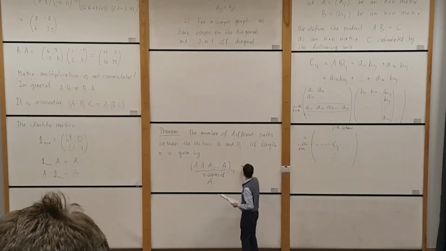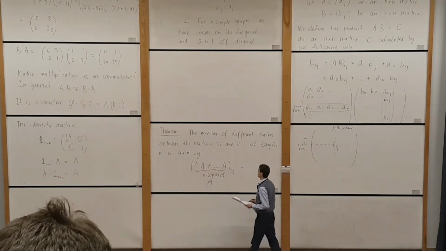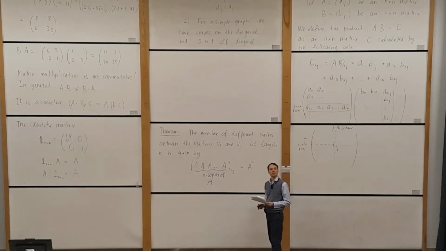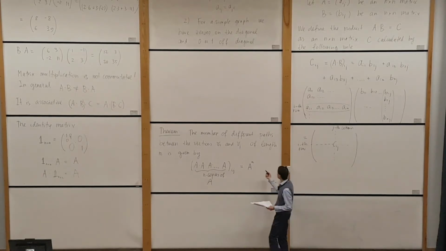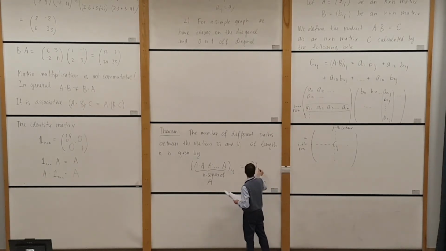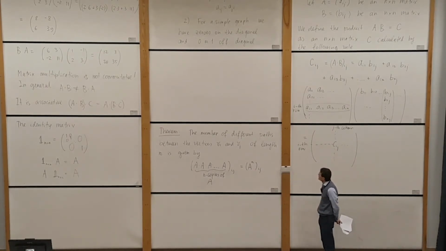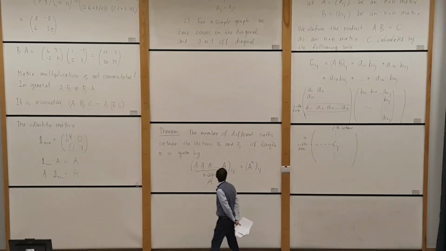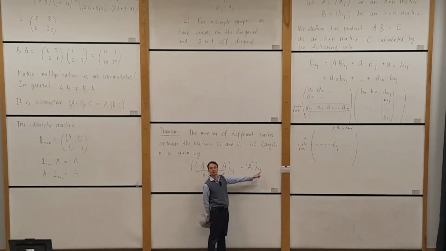So sometimes I will be writing this more succinctly. Instead of writing A times A times A with n copies, I'll write just A to the power n. With multiplication, you also can define powers, integer powers, right? And then if you read off the single entry in that product of matrices, it will give you precisely the number of different paths between the vertices labeled by i and j.